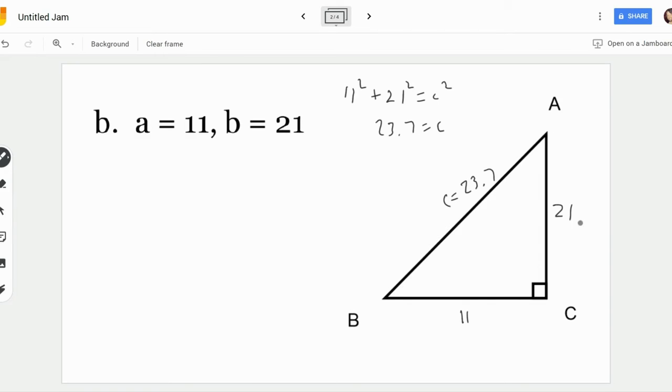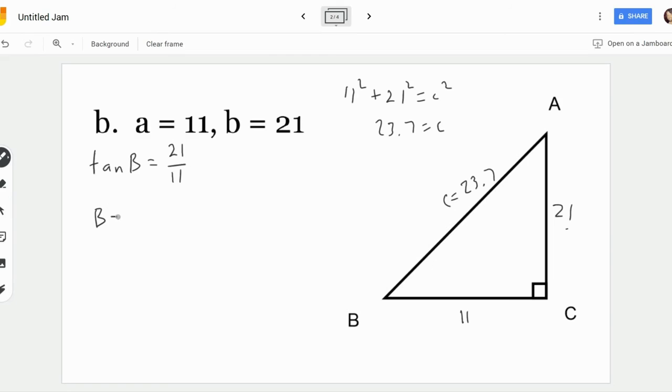The sides that I had to begin with were 11 and 21. I could use tangent. So let's say I would go tangent of B. Again, we don't have the angle B, but we have two sides. Opposite over adjacent is 21 over 11 from B's perspective. And then to solve for an angle, you use the inverse tangent. So this would look like, I'm going to inverse tangent the other side.